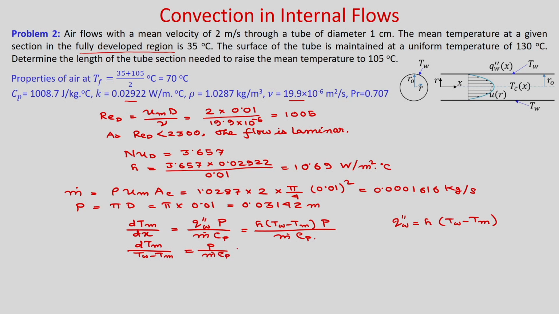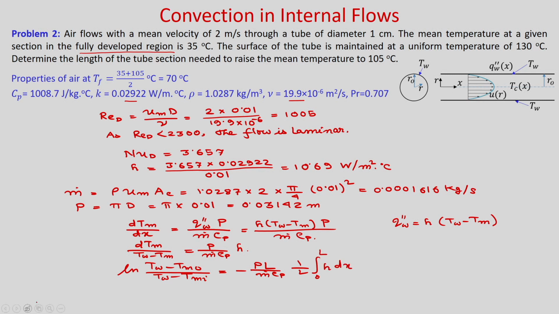Now, dTm by (Tw minus Tm) we can write as P by m dot Cp into h. If you integrate it from inlet to outlet, you will get ln of (Tw minus Tmo) divided by (Tw minus Tmi) is equal to minus P L by m dot Cp times 1 by L integral from 0 to L of h dx.